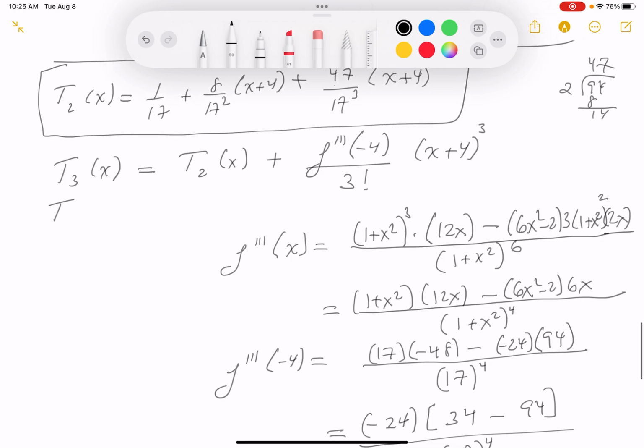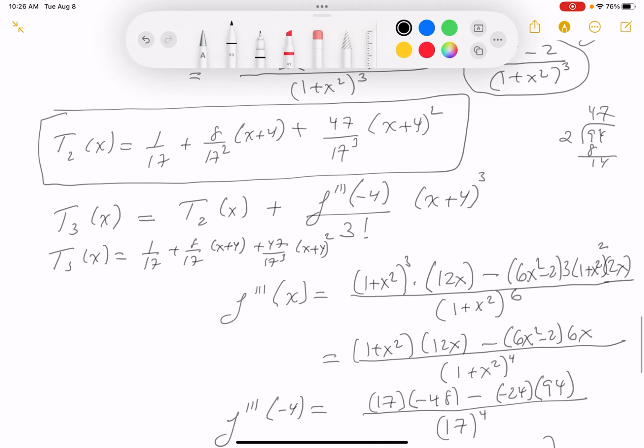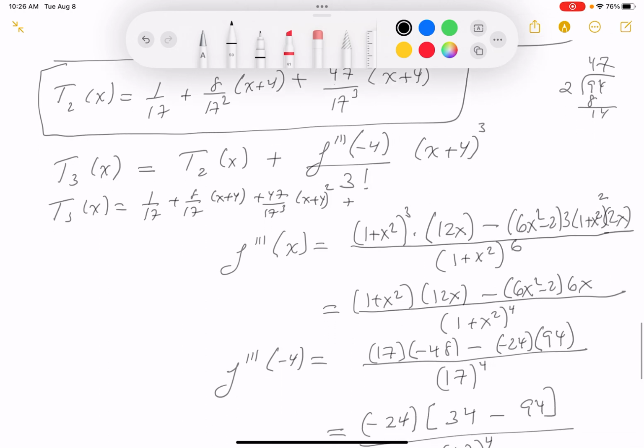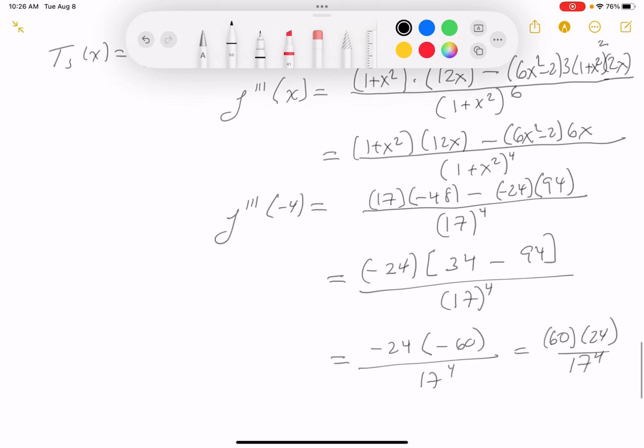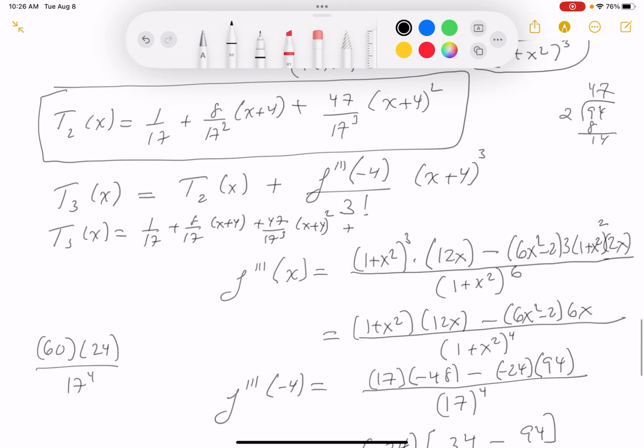So it's going to be T3. It's going to be T2: 1/17, plus 8/17 (x plus 4), plus 47/17 cubed (x plus 4) squared. I'm just copying T2, by the way. Now we're going to write down this last term. And what do you get? You get 60 times 24 over 17 to the fourth power.